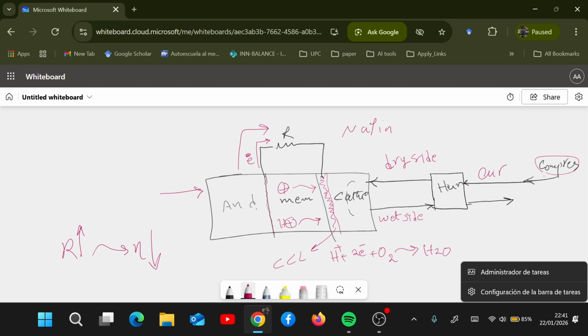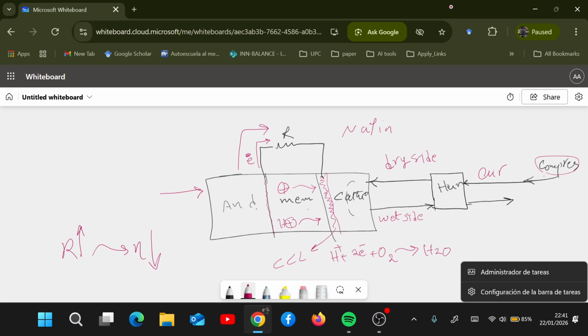Another important aspect is not only preventing the membrane from drying out, but also preventing flooding in the stack. The stack itself produces water, but this water is not enough to hydrate the membrane so that it has the best performance in conducting protons.